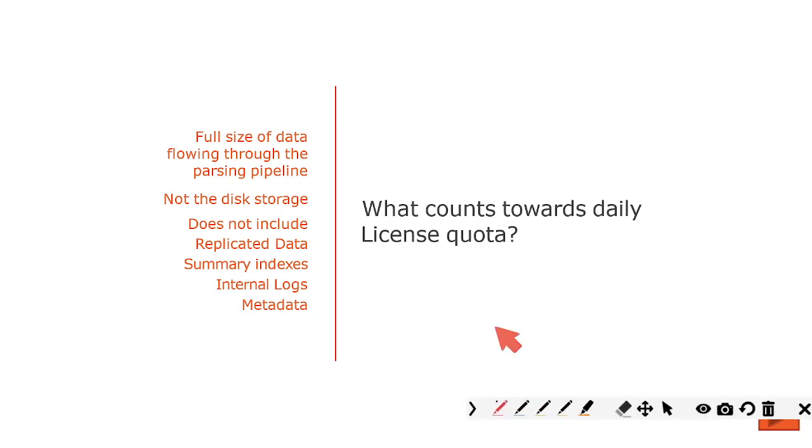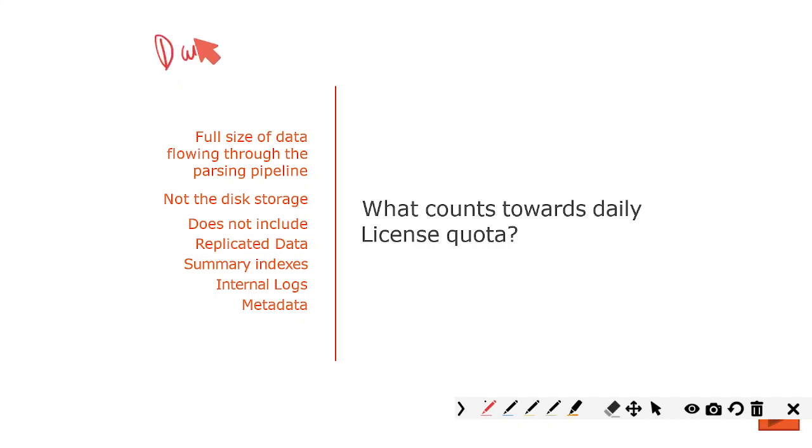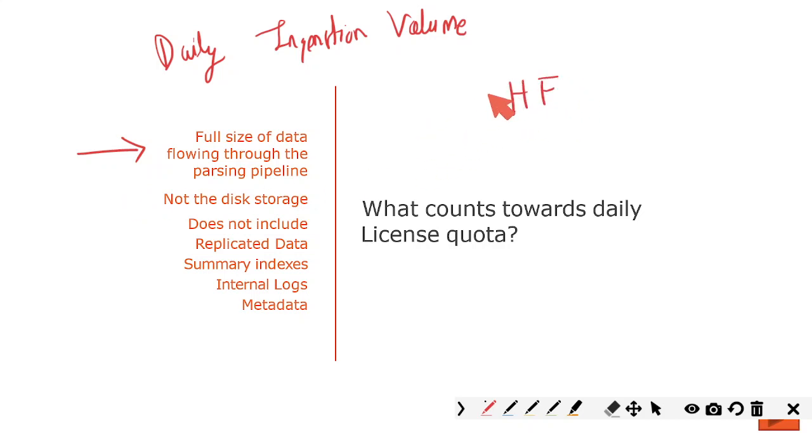First, whatever data we are ingesting into the Splunk platform has to be considered. So the daily ingestion volume, and what doesn't comprise the daily ingestion volume. It is the full size of the data flowing through the parsing pipeline. For example, as we have discussed, there might be a heavy forwarder which does a lot of parsing before the data is indexed into the indexer.